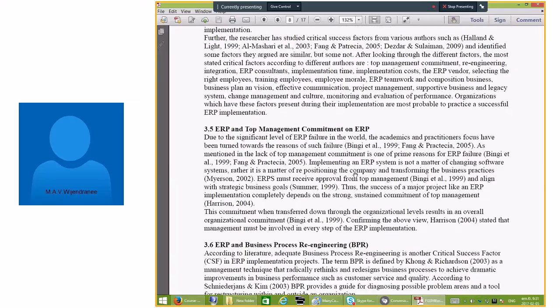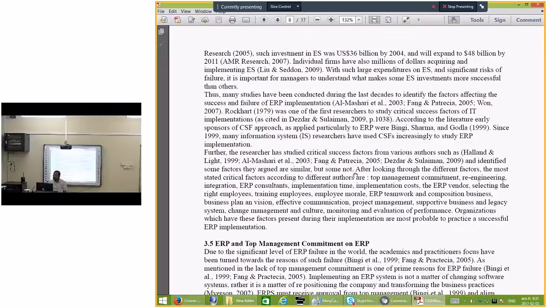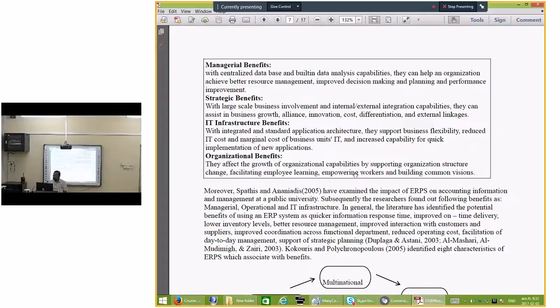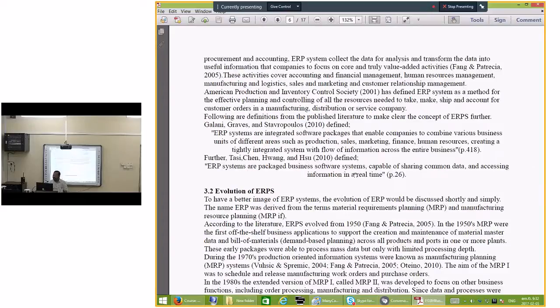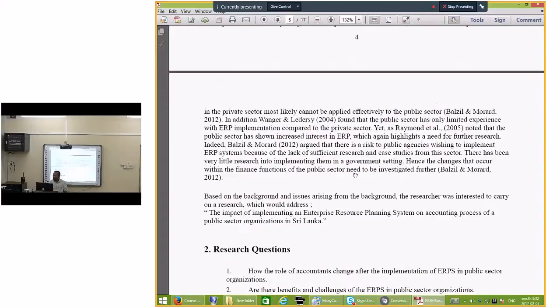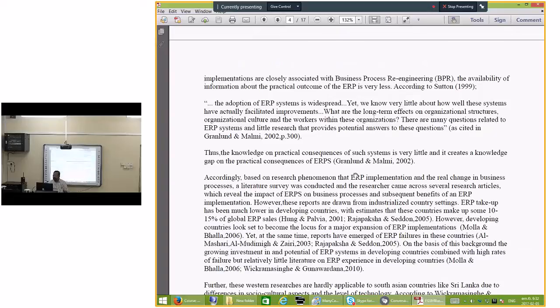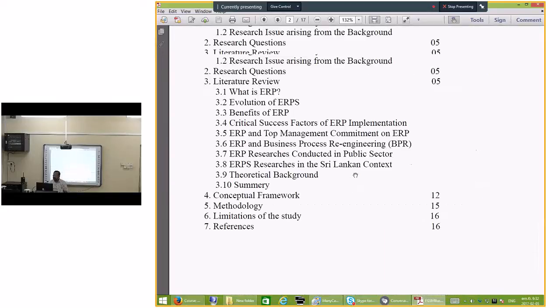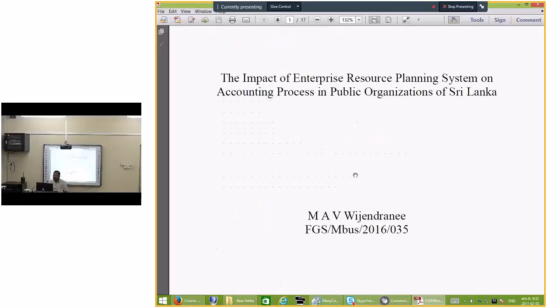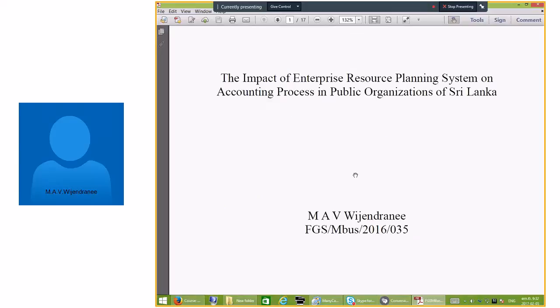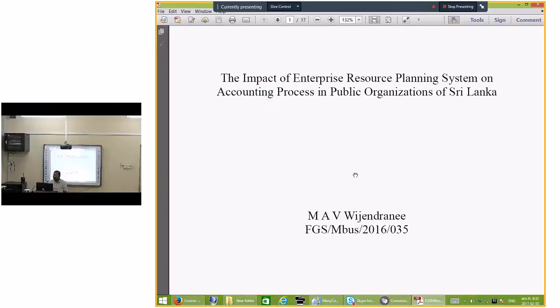Okay, now, Vijayandrani. Yes, sir. Now, be clear about your topic and the research problem. Your research topic is now the impact of enterprise resource planning system on the accounting process of public organizations of Sri Lanka. Yes, sir.